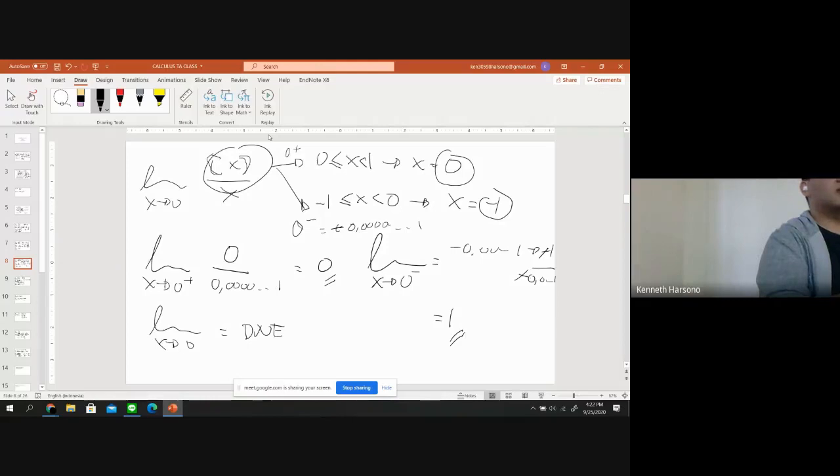So if you input 0 positive, it becomes 0 over something that's really small but not 0. So the answer is 0. Okay, you get it? And for the -1, you get -1 over something that's, oh wait a minute.